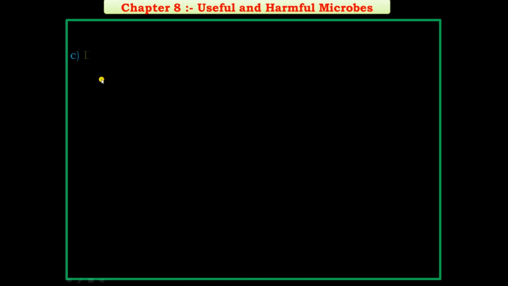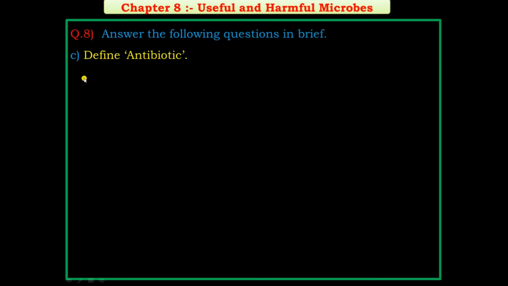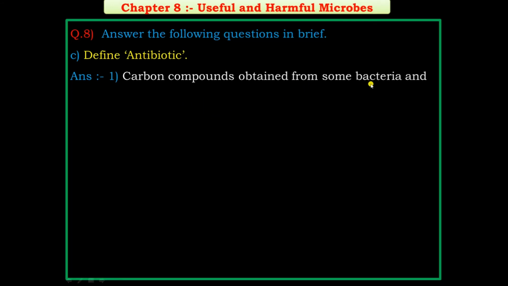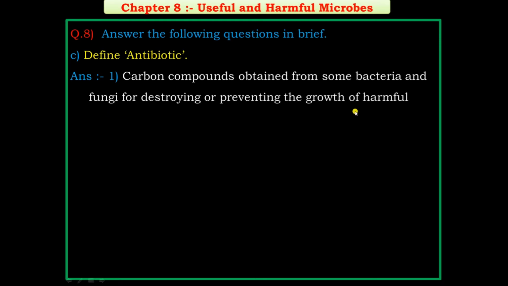Question number C of question number 8. Define antibiotic. And the answer is point number 1. Carbon compounds obtained from some bacteria and fungi for destroying or preventing the growth of harmful microorganisms are called antibiotics.